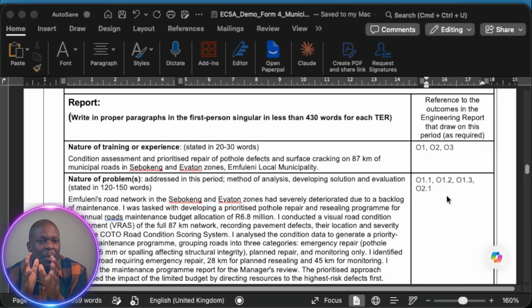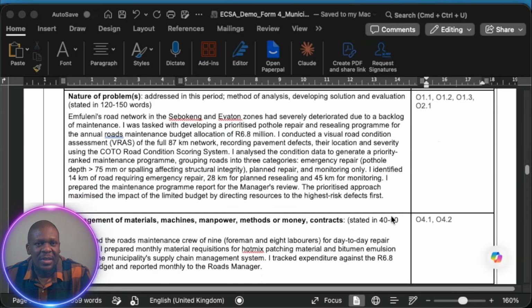It's very important that everything that you write links to what? It links to an outcome in your engineering report. If it doesn't link to any outcome, do not include it. Now, let's proceed.